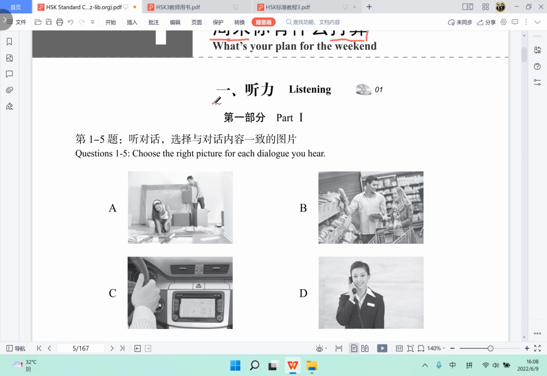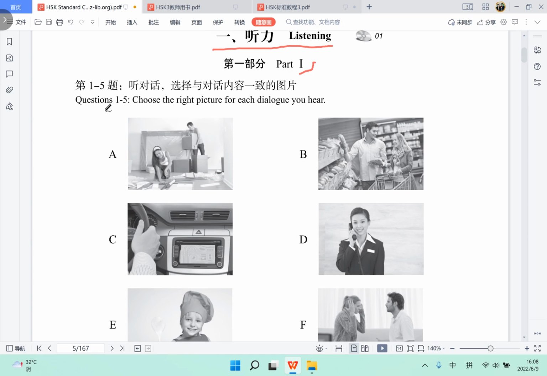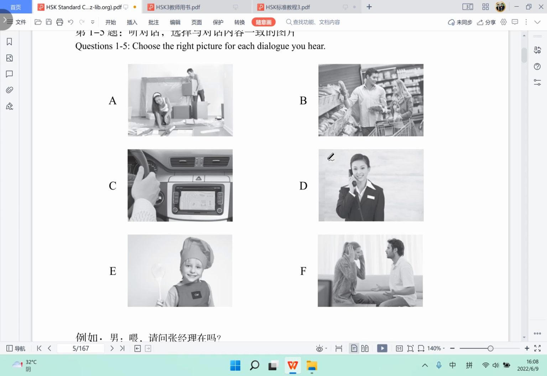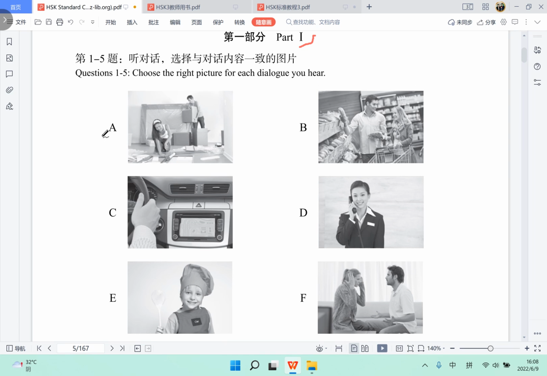Okay, let's check the listening part. 我们看听力第一部分。You can see the question type changed. It's not right or wrong according to the picture, but matching the picture with the conversation, the script and the recording. For this type of question, what I recommend is to check the picture first, same as before, and write down the words which you think are related to the picture, the Chinese words we have learned before, whether in pinyin or in characters.